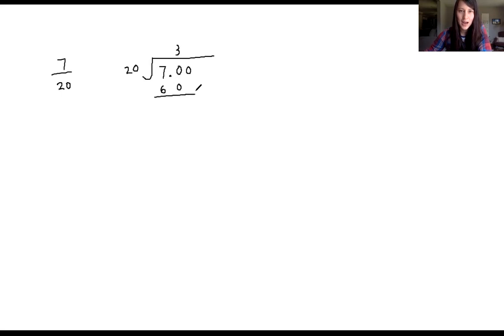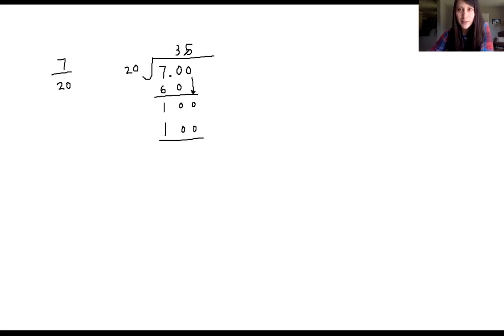I'm going to subtract and leave my remaining amount, bring it down, subtract and bring it down, and then I'm going to pull my 0 over to make another placeholder so that I'm looking at 20 divided by 100 now. So 20 times 5 is 100. And so that is my answer.